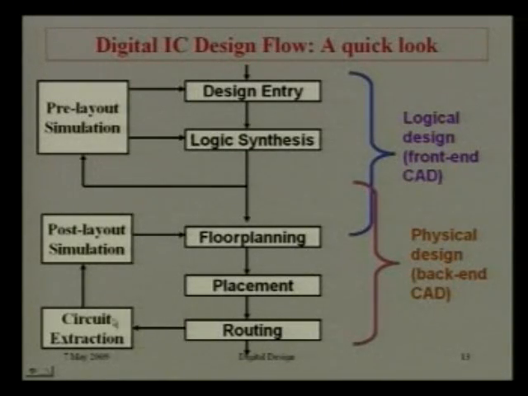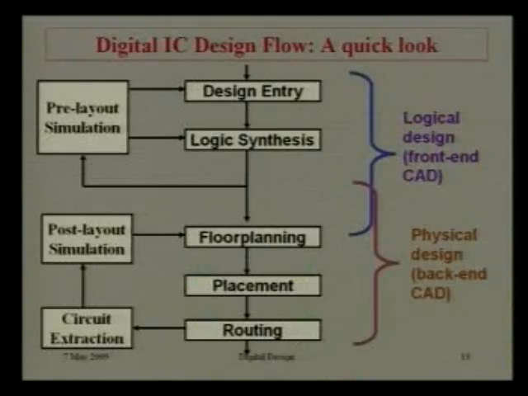Now again, I will be doing circuit extraction, because you have done everything and finally, within this small area, you have got some circuit. How do you know whether it is the same circuit that you wanted? So again you have to extract the circuit and do the simulation. That means again it is a verification of whether what you were getting on your silicon is exactly what you wanted.